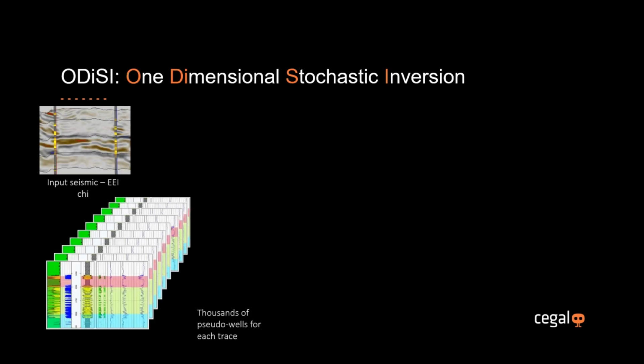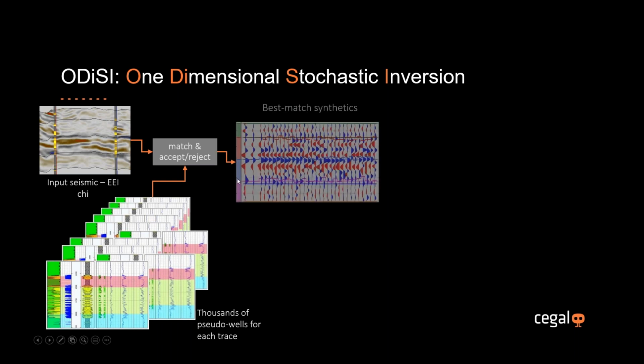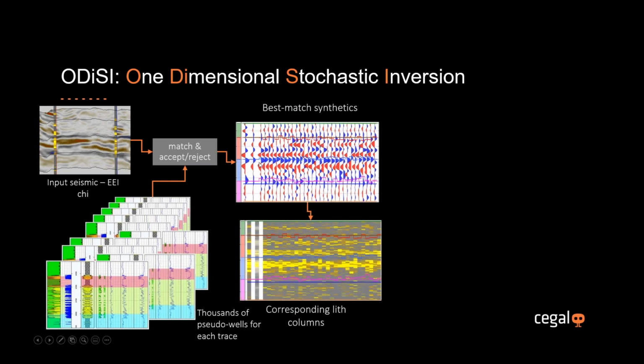So how does ODiSI work? In this example, we have one input volume, which is the EI chi volume. For each seismic trace in this volume, ODiSI creates thousands of pseudo-wells with a full suite of logs, including the EI chi synthetics. Those synthetics are then compared to the real seismic data and, based on the matching threshold, either accepted or rejected.